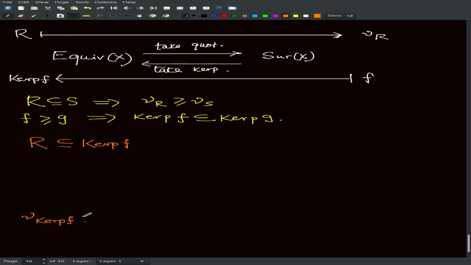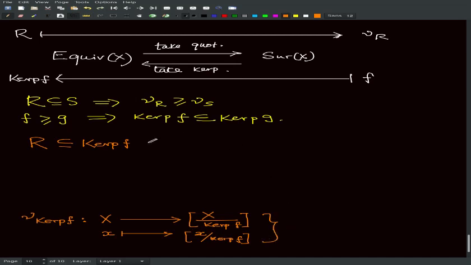If you remember, this is going to x by kernel pair. It's taking x to this equivalence class. So this tells me that mu of r is bigger than mu of kernel pair of f.